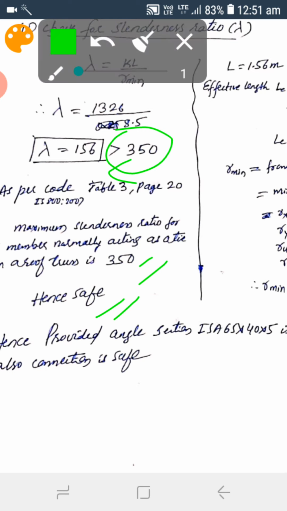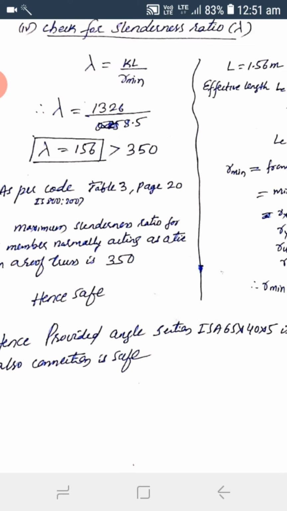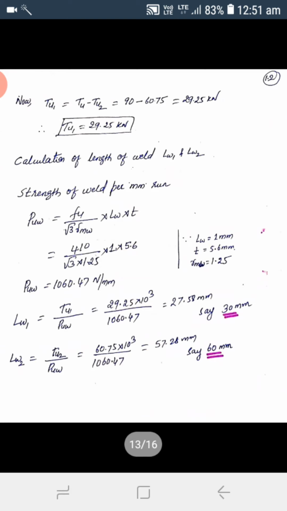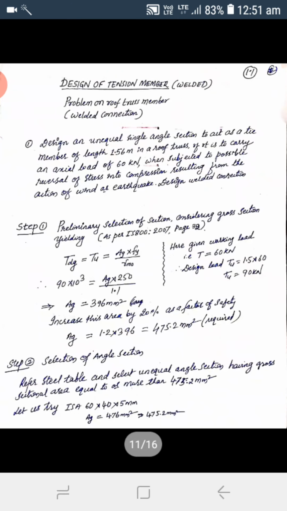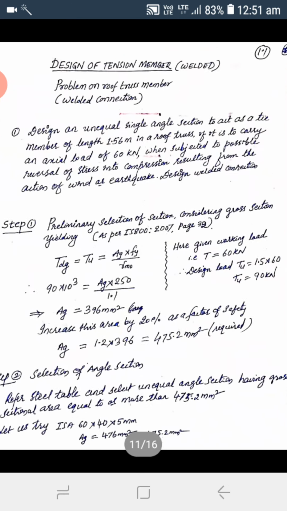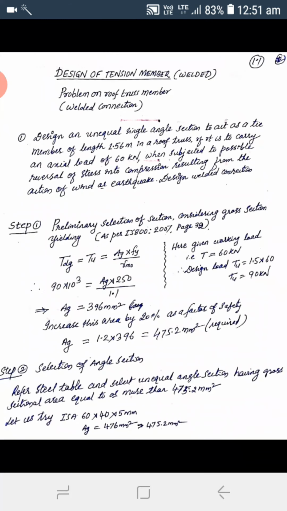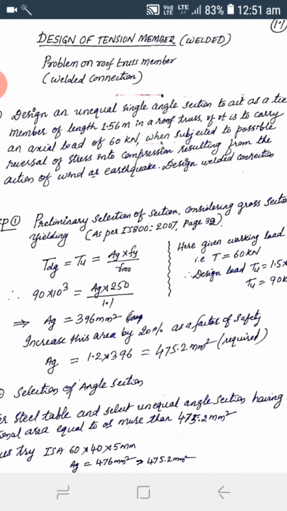Okay, so this is the design problem. This is the way to solve the design problem step by step. The problem will be given like this, usually for 15 to 20 marks as a direct question in the exam. In this problem they gave the single angle section design and mentioned an unequal angle to be selected from the steel table.